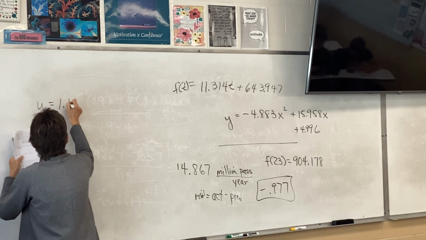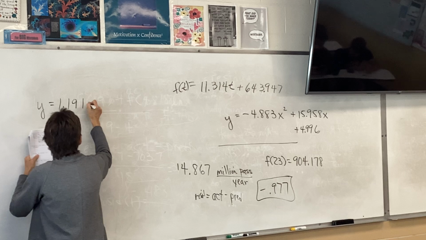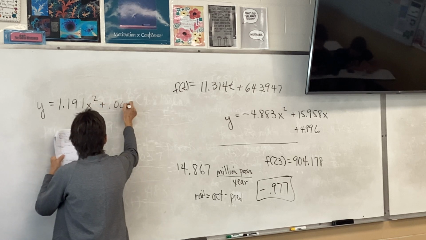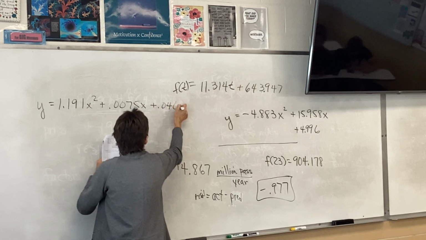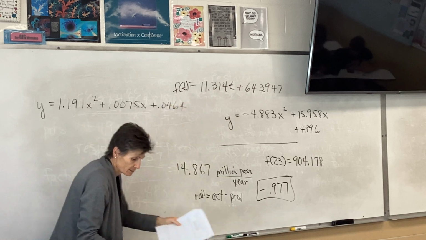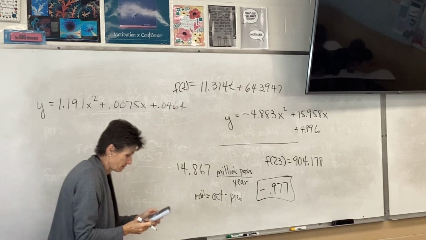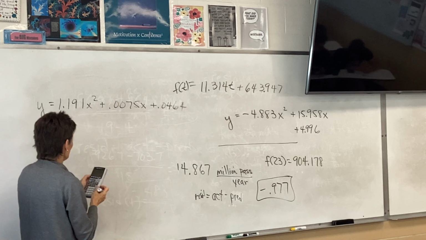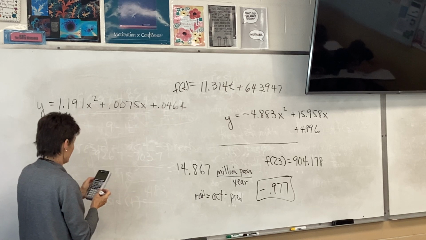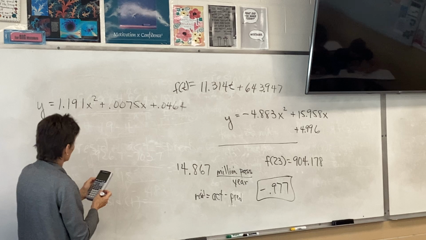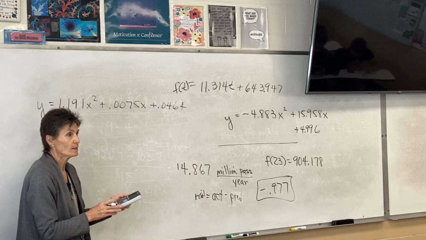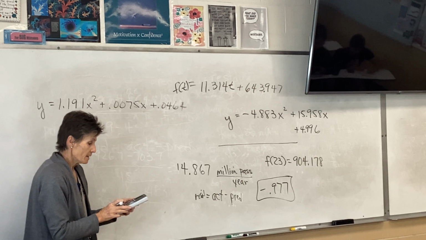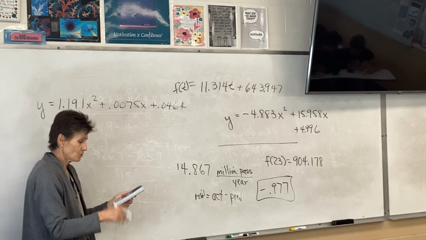Here is my equation. Does it look like yours? Actually, I can't even read my handwriting, so I'm gonna have to go back and see. Is that what yours looks like, your equation? Okay. And so then, oh shoot, I didn't write it down.